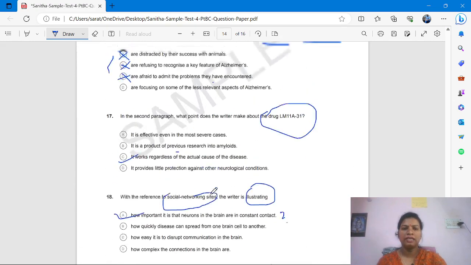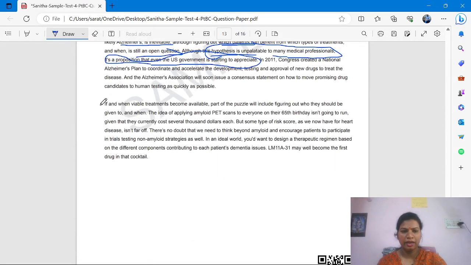So we have to go to the last paragraph. If and when viable treatments become available, part of the puzzle will include figuring out who they should be given to and when. The idea of applying amyloid PET scans to everyone on their 60th birthday is not going to run. Why? Given that they currently cost several thousands of dollars each.